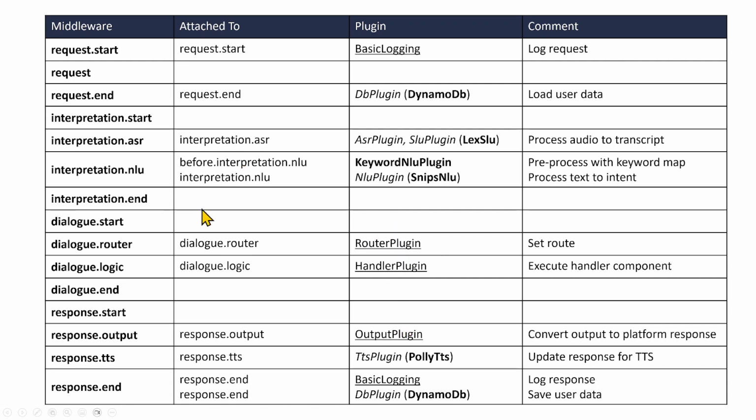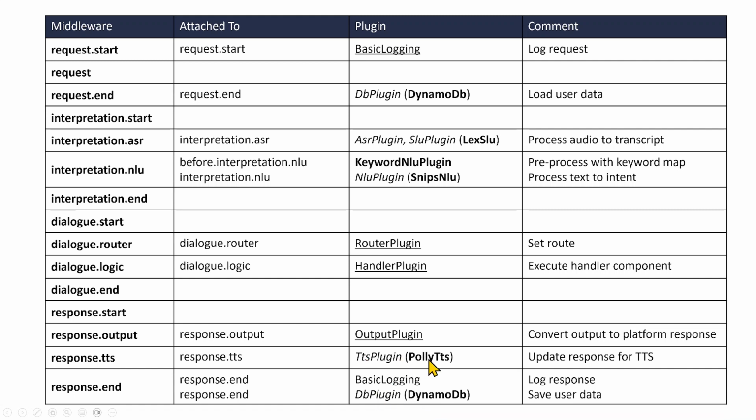So when the pipeline hits the dialog.router step, it uses the information that it has as far as the context of where it is in the conversation, what the current intent is, and determines what the code is to execute. And then at this point in time, it takes that information and actually calls the handler, which is what's going to call our custom component handler code. And then the same thing with output.